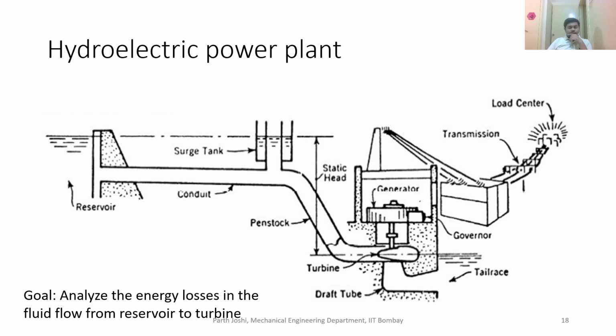So we will keep the reservoir within our boundary. Okay, and what else? What all things will we include in that apart from that?